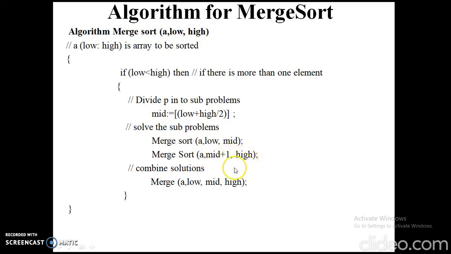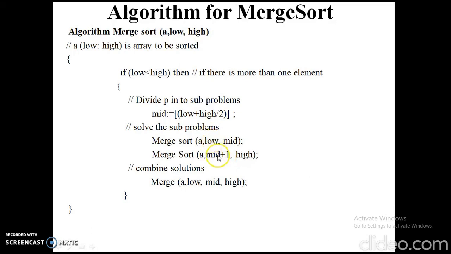Whenever the first recursive call ends, it would have sorted the array A from low to mid. The first half of the array will be sorted. When the second recursive call ends, the array A will be sorted from mid plus 1 to high, the indices which indicate the second half of the array.